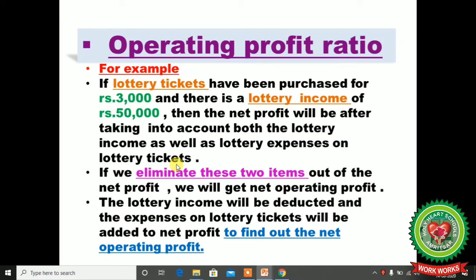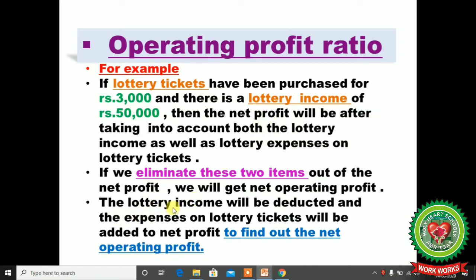If we eliminate these two items out of the net profit, then we will get the net operating profit, because here we only consider activities of the business operations, not lottery prizes and lottery expenses, which are not your day-to-day operation work.